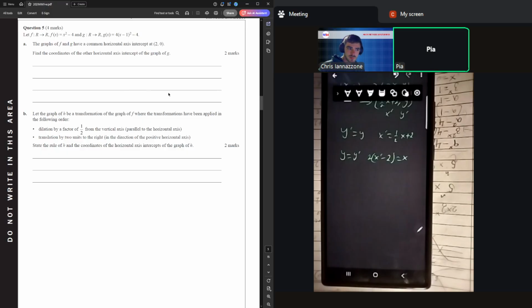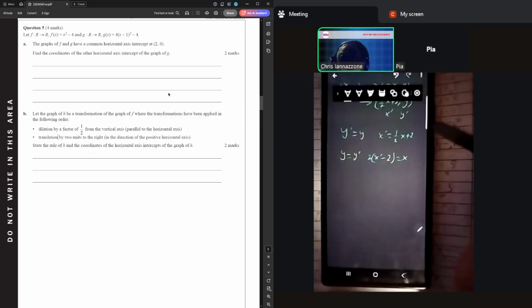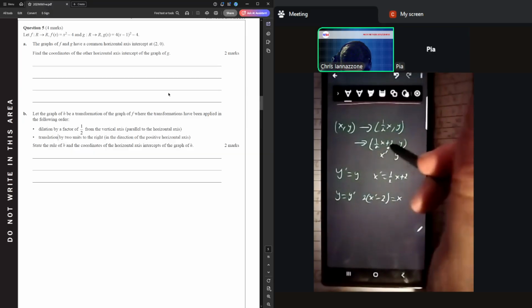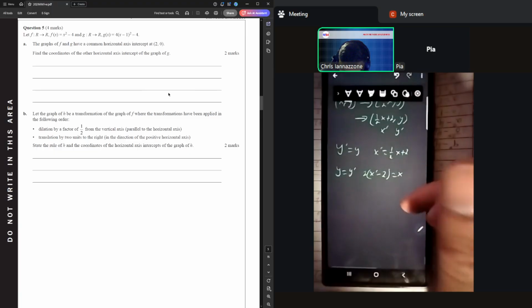No, I just thought you put it in coordinates, like 2x minus 2 comma y. Oh yeah, that's another way of representing x dash, y dash, except now x dash and y dash are in their own coordinate brackets.